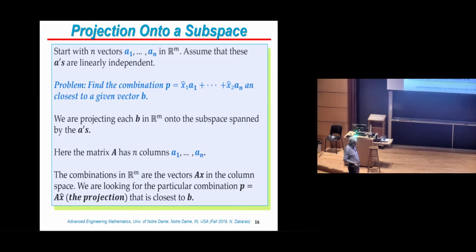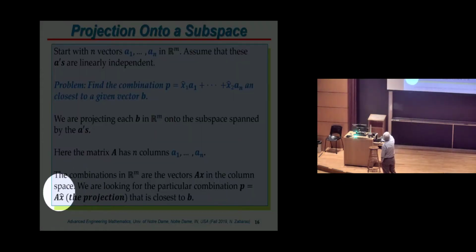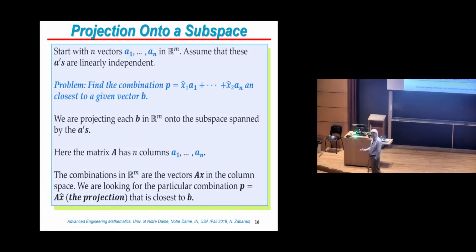The only thing I'm using here is that every point on the column space is a combination of the columns. And you remember A times x gives you a combination of the columns. So I am saying find me a point on that subspace, and that point is A times x hat, some combination of the columns.